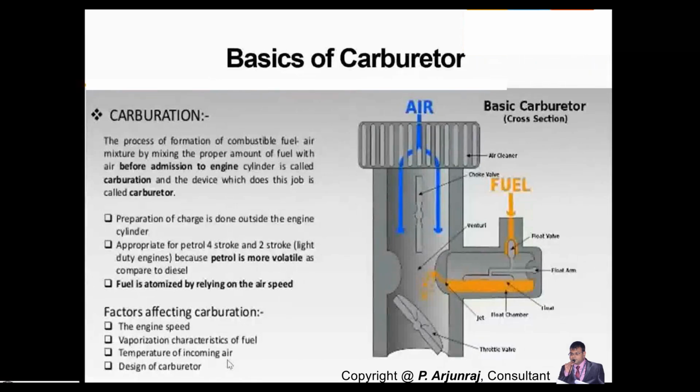And the fuel is atomized by relying on air speed. If the velocity of the air is lower, then accordingly the carburation efficiency may be lower. So there are a lot of drawbacks that this carburetor initially had. That is the reason the performance of the engine is also less, and that paved the way for the multi-point fuel injection system.